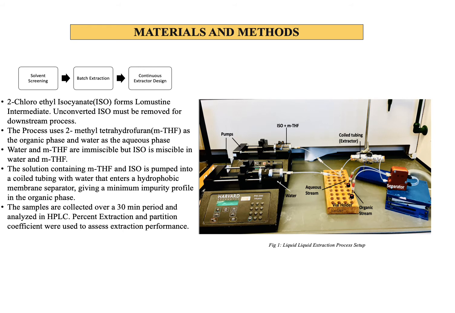The samples were collected over a 30-minute period and analyzed in a high-pressure liquid chromatography. The results from the HPLC were used to calculate percent extraction and partition coefficient to assess the extraction performance.